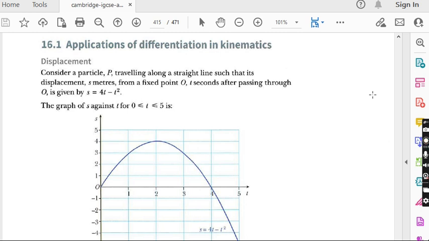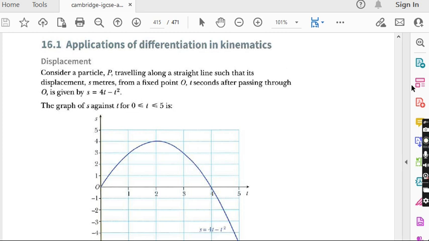The graph of s against t for 0 to 5 seconds. Whenever we draw the graph of displacement against time, we must take time on the x-axis and displacement on the y-axis.